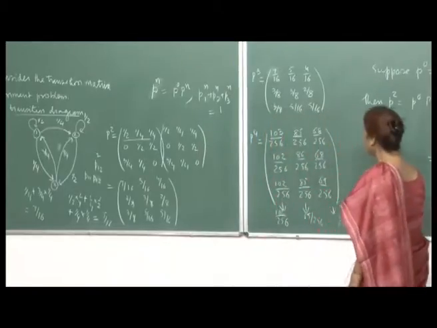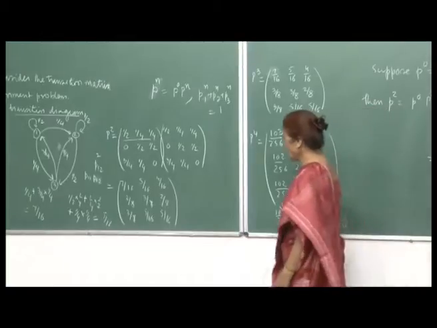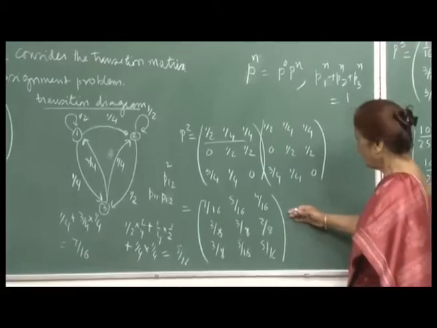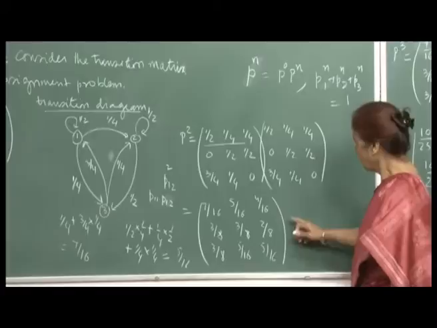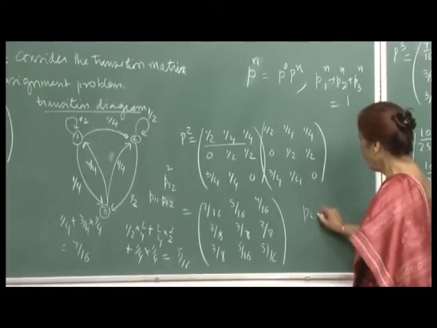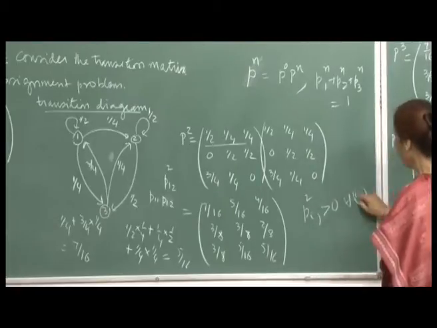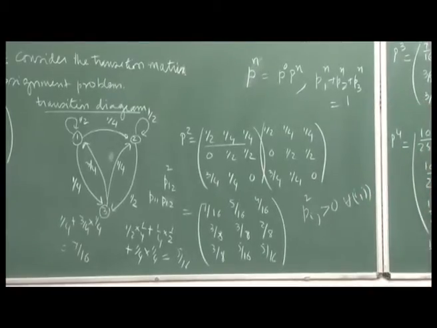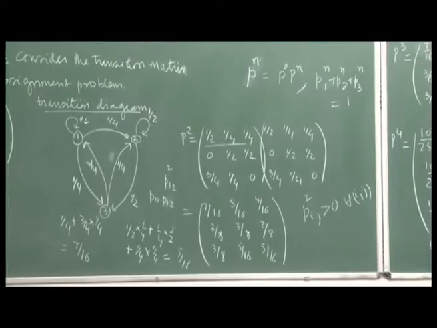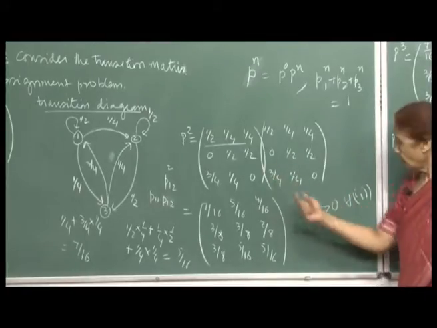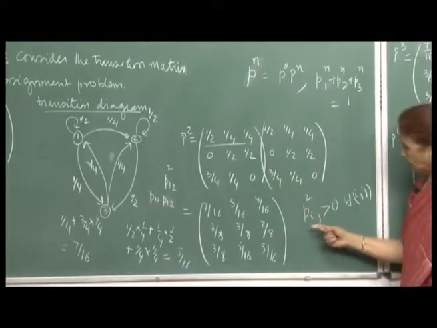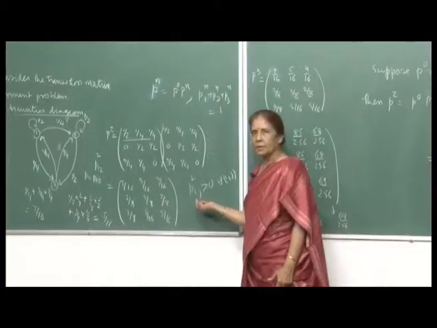So, here in fact, at P2 all your entries are positive, which shows that your Pij2 is positive for all ij. This immediately makes you conclude that you have a two step path from every state to every other state.